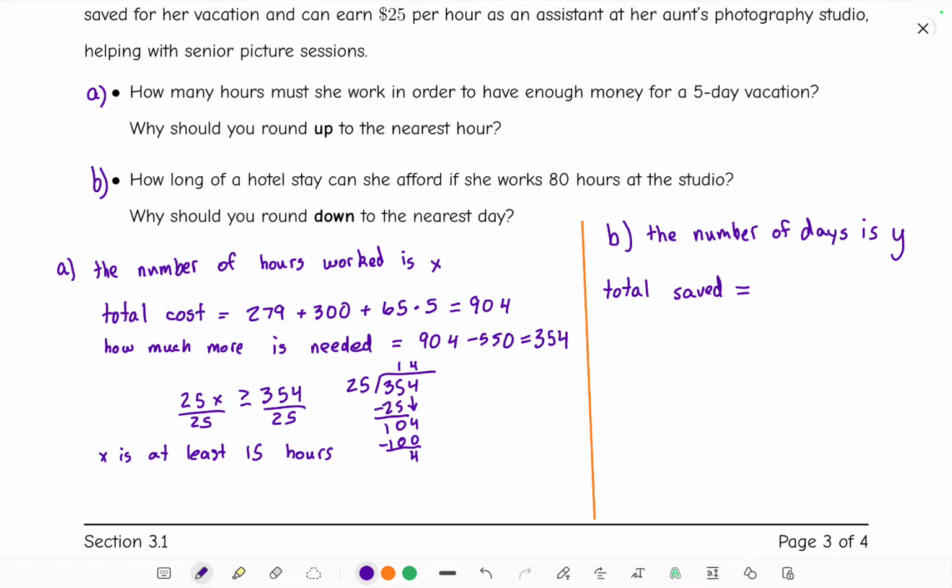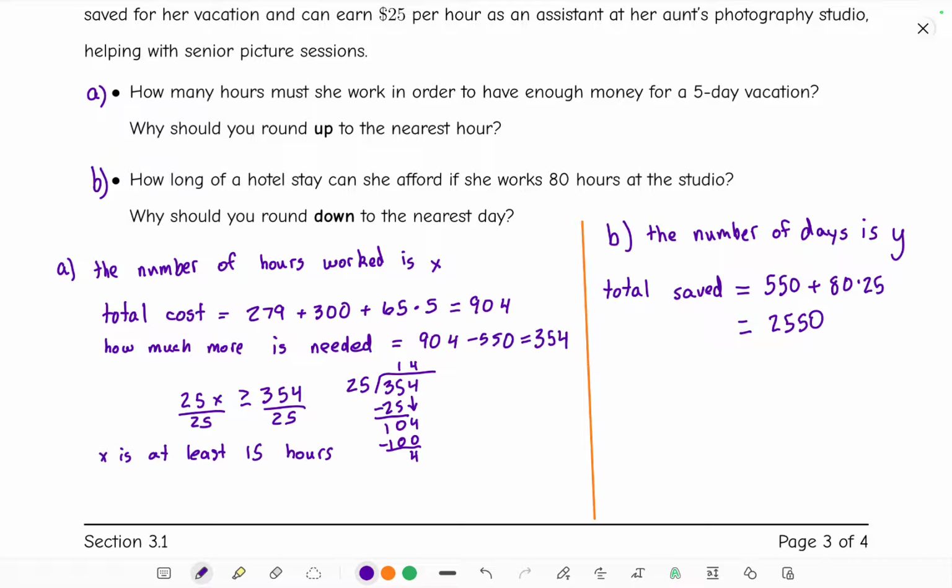Well, that will be the 550 she started with plus 80 times 25 dollars per hour. And that comes out to 2,550. Well, now that's the total money she has saved.